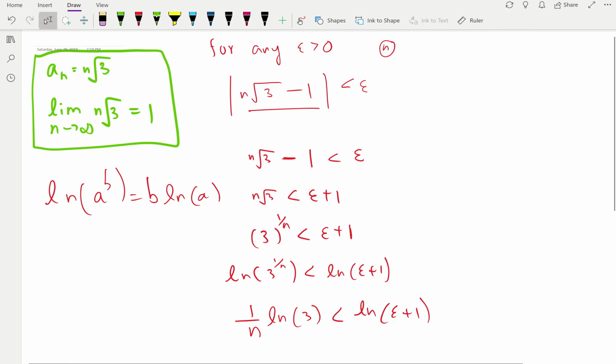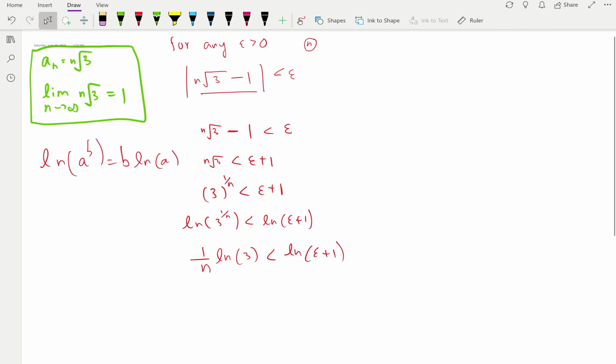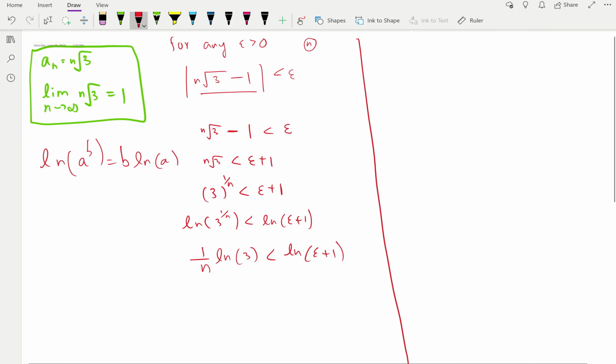Now from here it's rather easy, right? We know epsilon is greater than 0, so the natural log of epsilon plus 1 is always positive, and the natural log of 3 is always a positive number. So we can bring natural log of epsilon plus 1 to the left, and since n is always positive, take that to the right hand side, and the inequality doesn't change, okay.